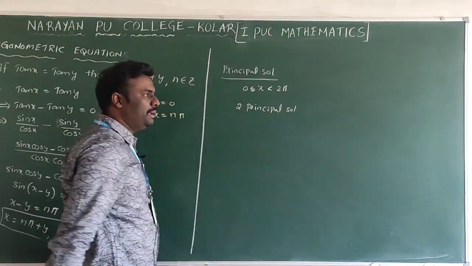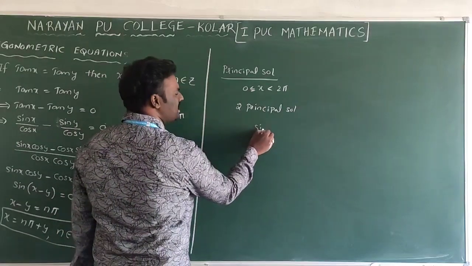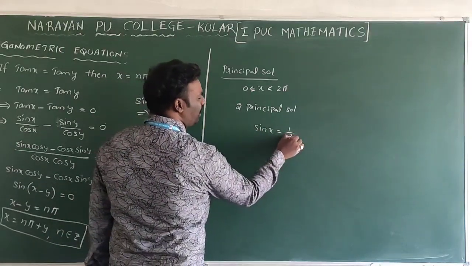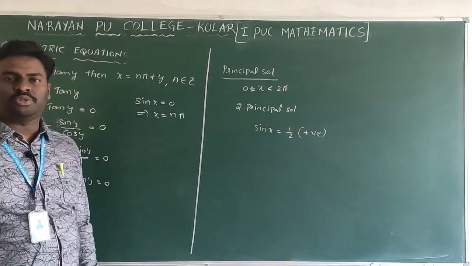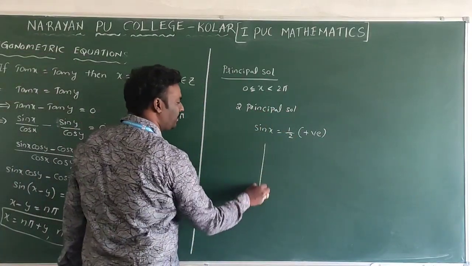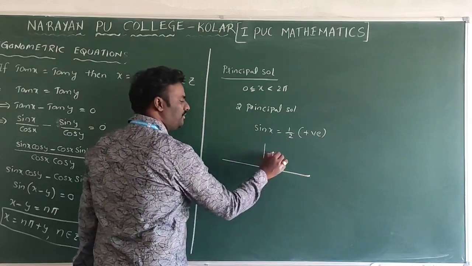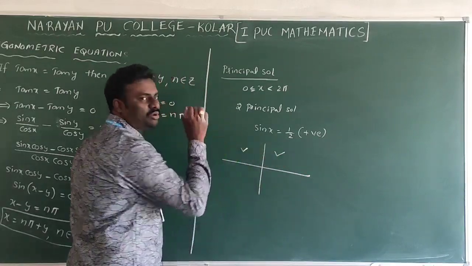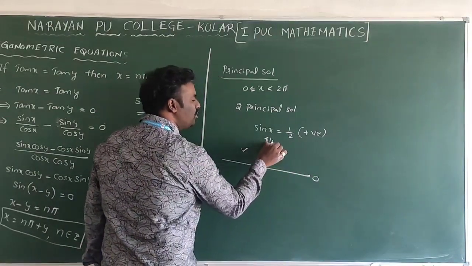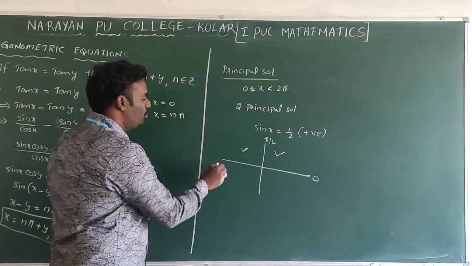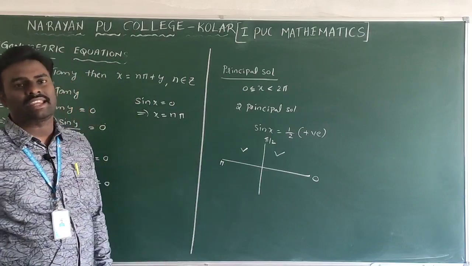Why 2? Because if sin x is equal to 1 by 2, 1 by 2 is positive. Sin is positive in which quadrant? Sin is positive in the first quadrant as well as the second quadrant. That is nothing but we will get one solution in the first quadrant, one more solution in the second quadrant.